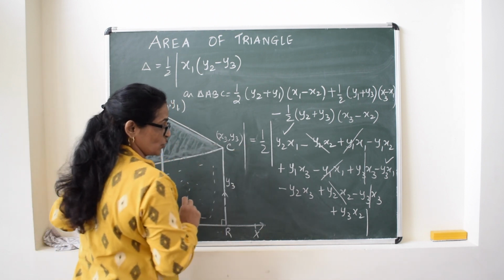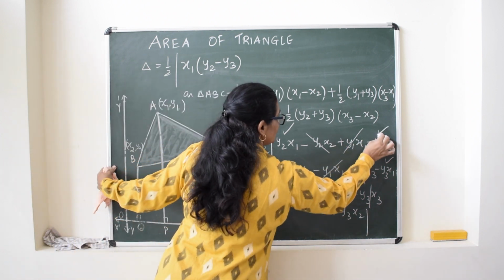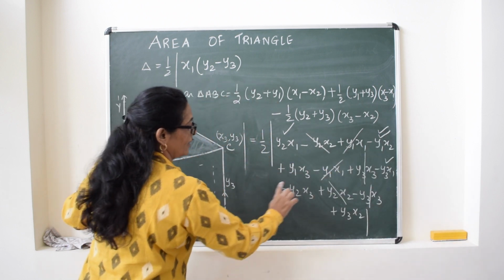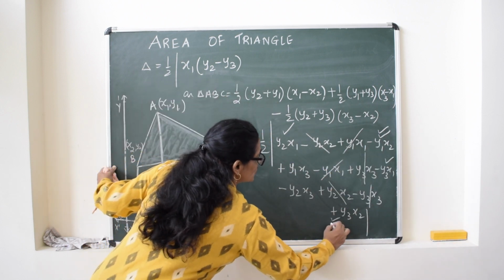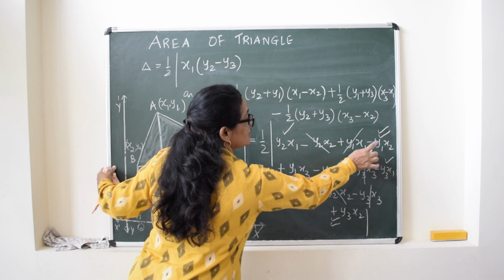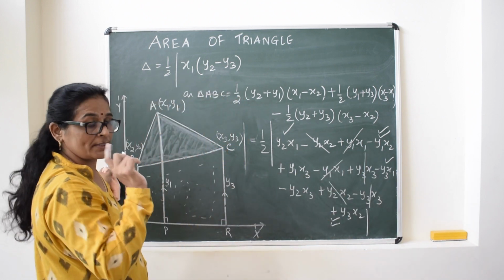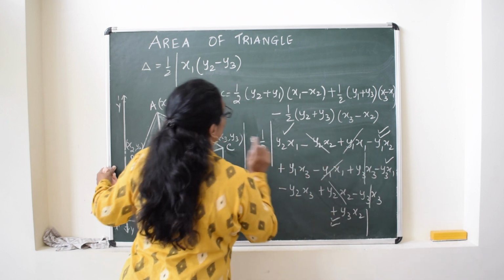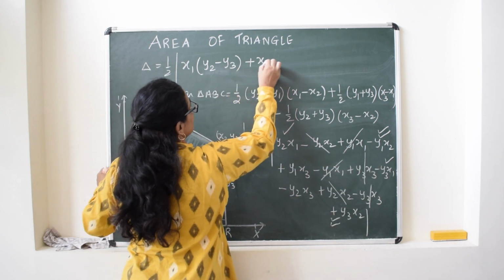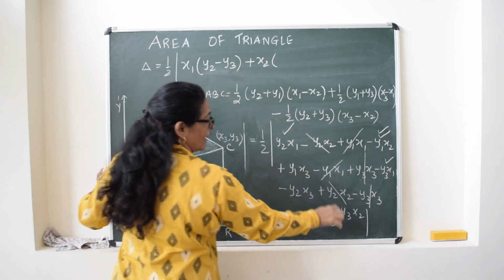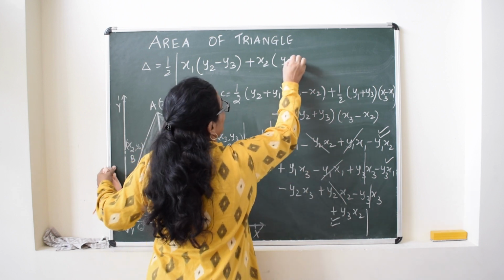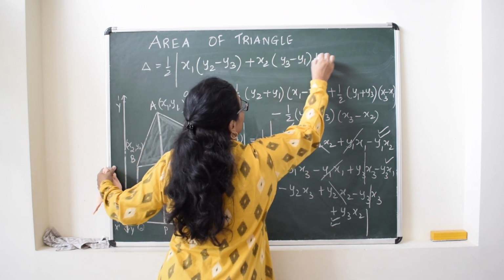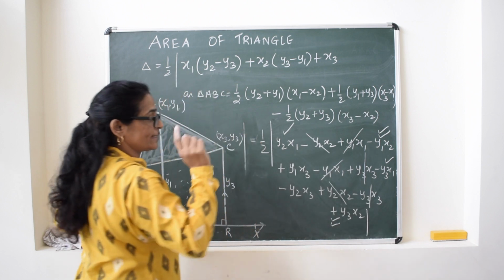Now search for x2. This is x2, and in this is x2, but this is positive and this is negative. So first we will write the positive term. So x2 is common, so y3 minus y1. So plus x2 and y3 minus y1. Plus we will search for x3.